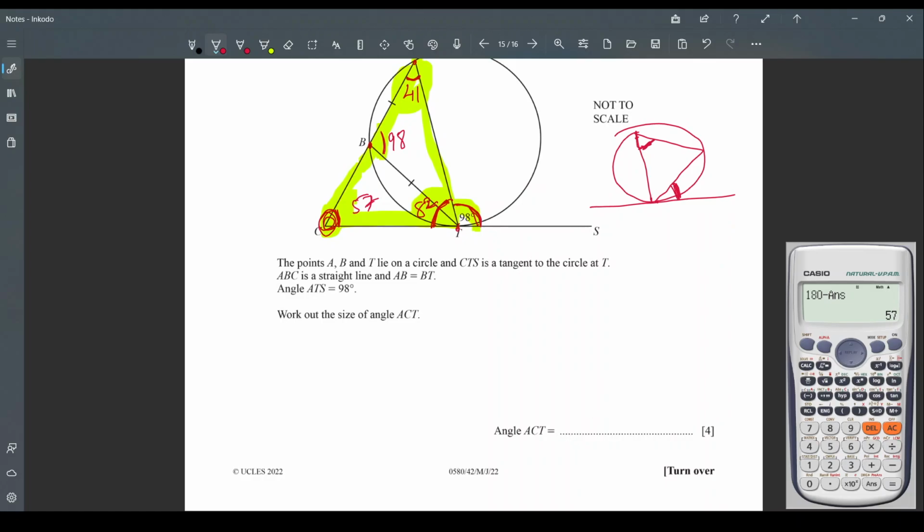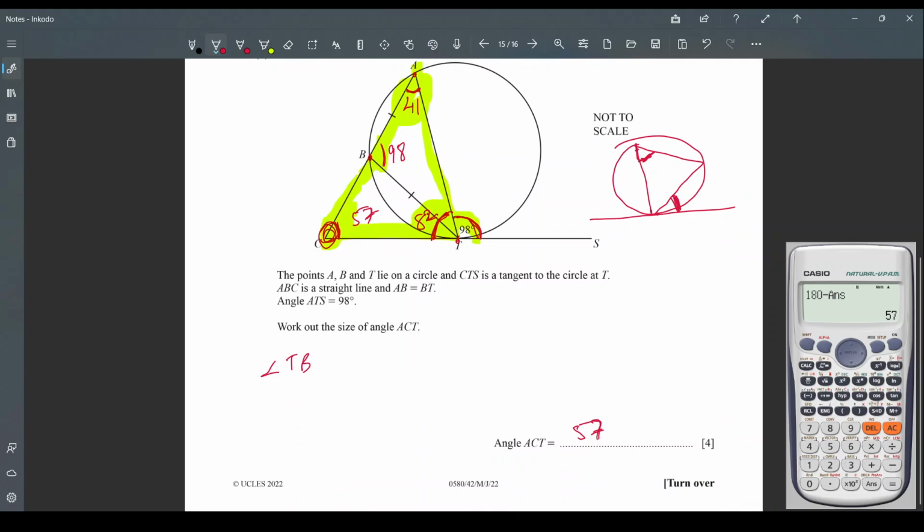Angle ACT is 57. So you can write it. Angle TBA equals to 98. The reason is alternate segment theorem.